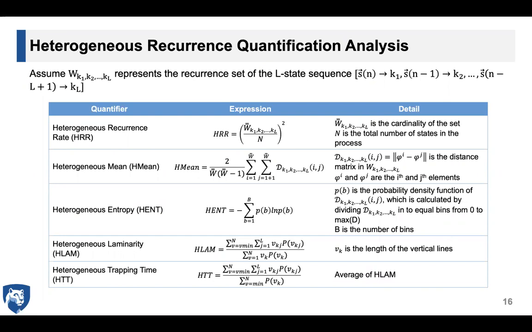We extract 5 different quantifiers from the system, namely heterogeneous recurrence rate, heterogeneous mean, heterogeneous entropy, heterogeneous laminarity, and heterogeneous trapping time.